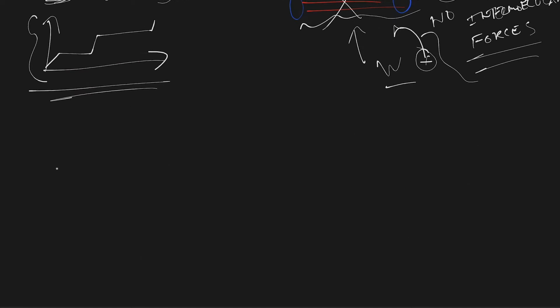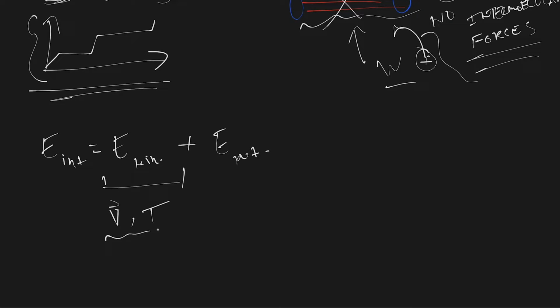So if we were to write all of this down, the internal energy is equal to the kinetic energy plus the potential energy. The kinetic energy relates to the velocities and the temperatures. When these are changing, that's what this refers to.